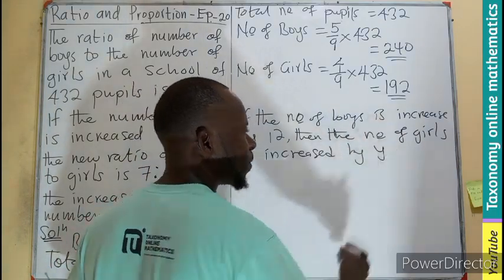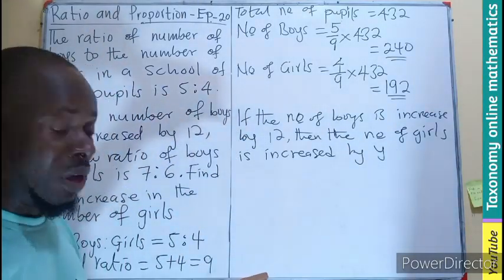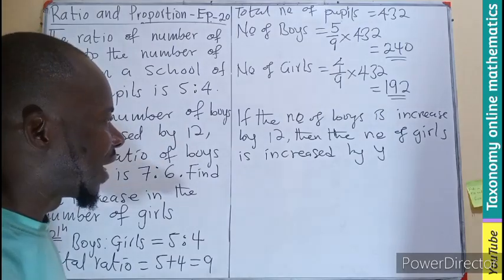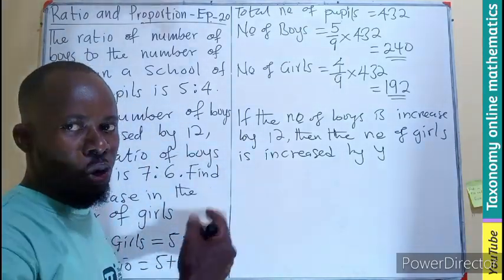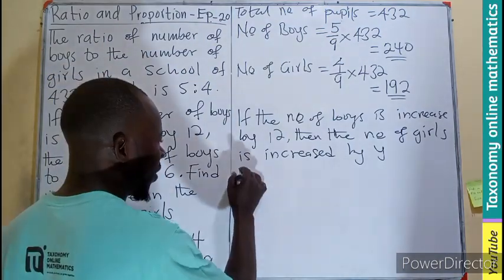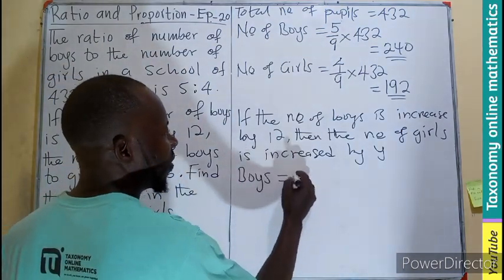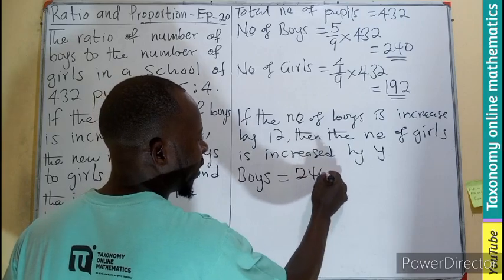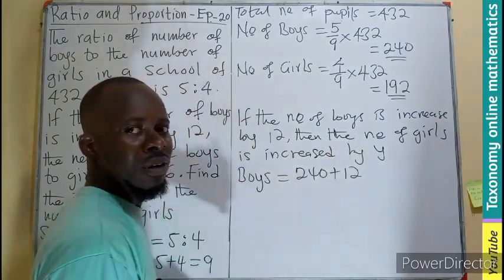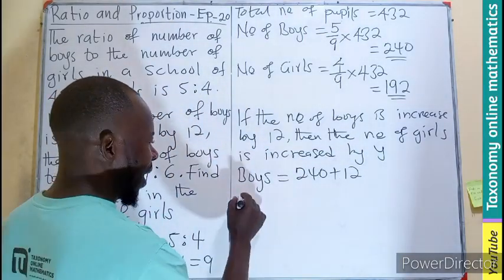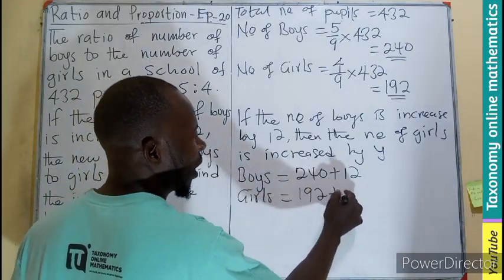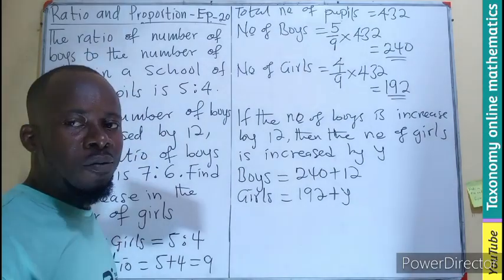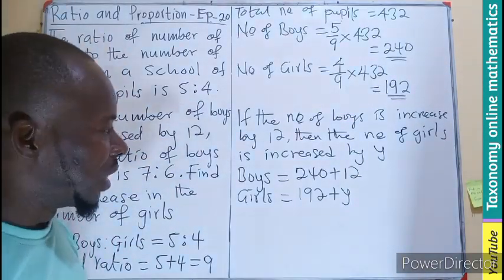Let's use y. They are looking for the increment. So if that is the case, then the new number of boys is going to be 240 plus 12. Right? There is an increment. Then the girls will become 192 plus y.